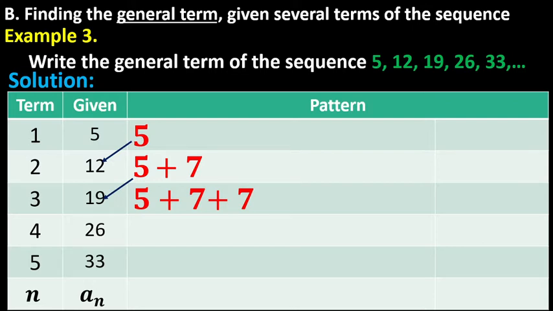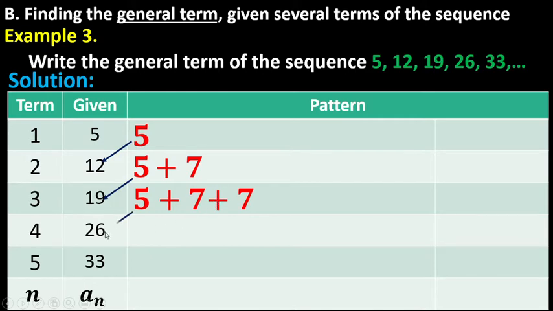Sundan natin siya. Dun sa first pattern mo, wala kang in-add na 7. Tama? Kasi nag-umpisa ka pa lang sa 5 eh. Dun sa second term mo, para makuha mo yung 12, nag-add ka ng 7. Ilang 7 yon? Isang beses.